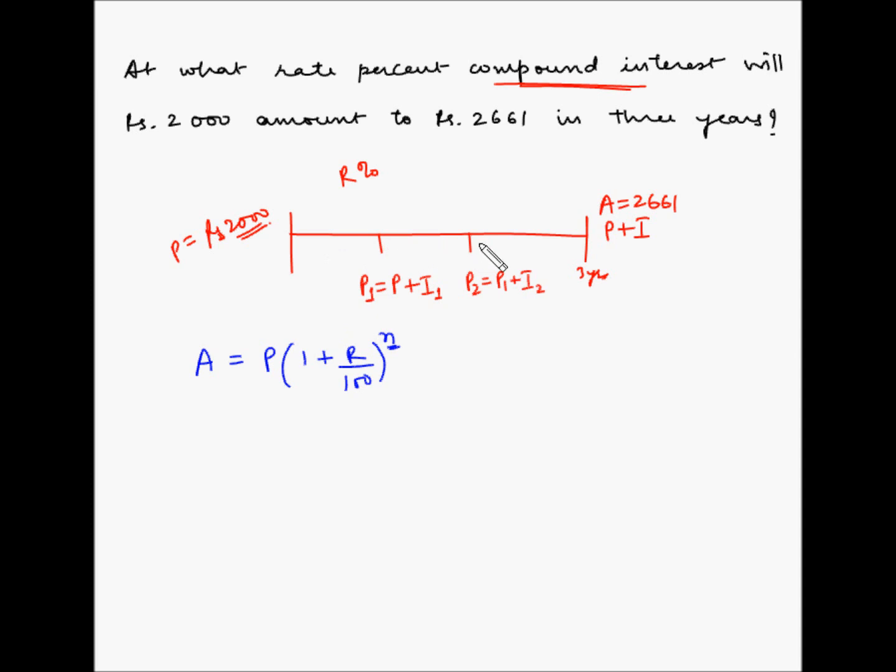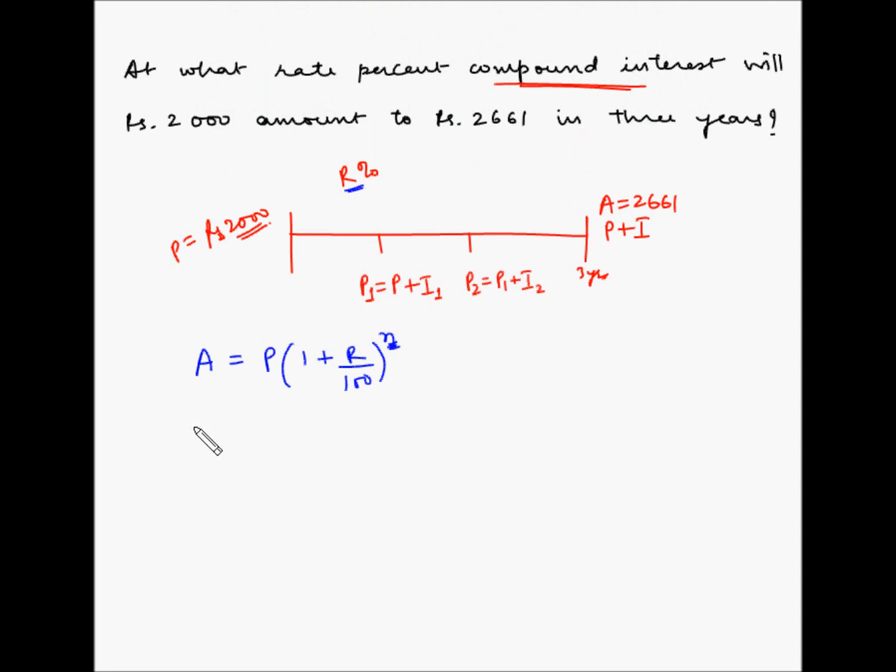So here the number of total periods is 3, because at the end of each year, the interest is going to be compounded. So n is 3 and R is the rate of interest per time period at the end of which the interest is going to be compounded. So R is the rate per annum.